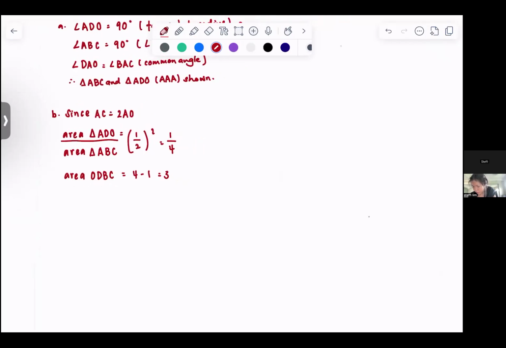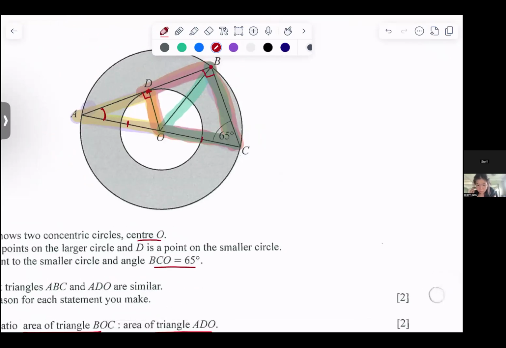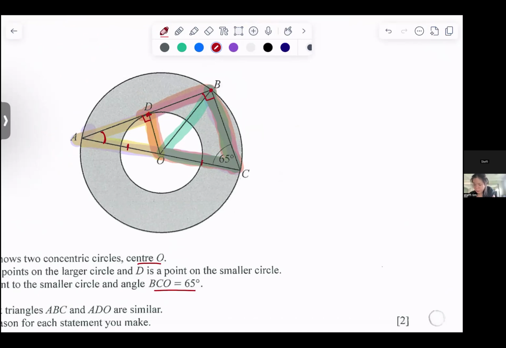Now we are one step closer to finding the green area. Orange ODBC is made out of the green area plus this triangle, and we established that this triangle is the same as the yellow triangle ADO. They are 1 unit each.